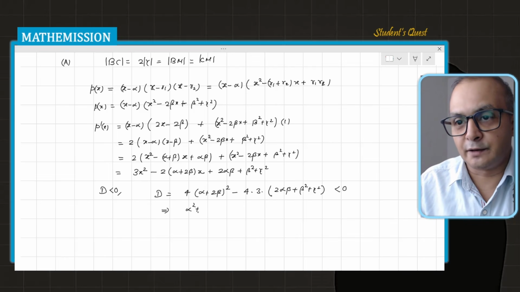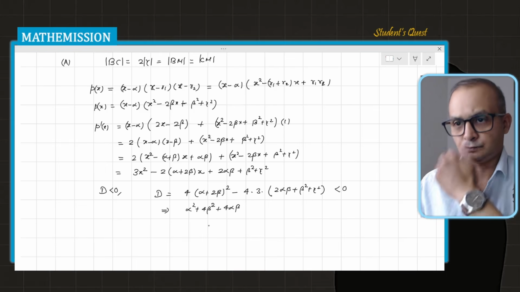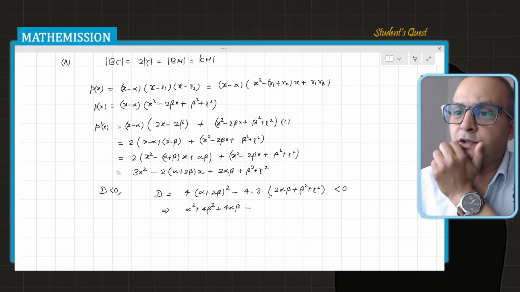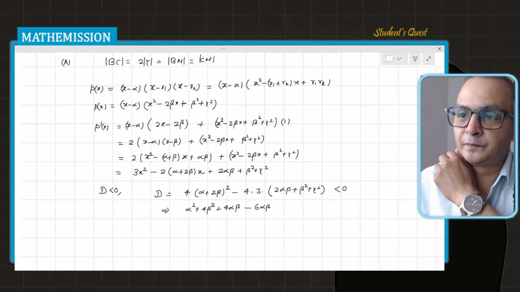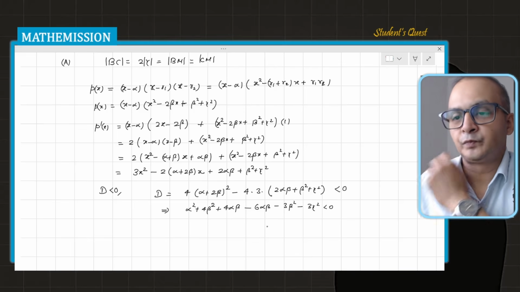So alpha square plus 4 beta square plus 4 alpha beta, and this 4 is already gone. So here I can get now 3 times 2 alpha beta, that is 6 alpha beta, minus 3 beta square minus 3 gamma square, less than 0.